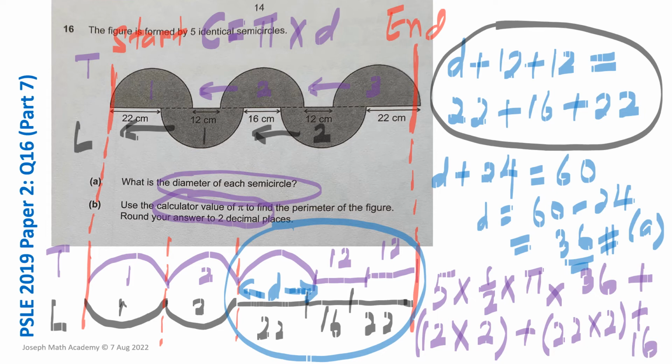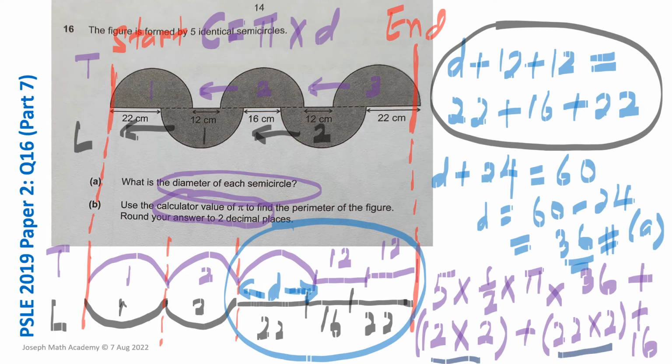So if you key in this formula, this equation in purple, 5 times half times pi times 36, and add 24, add 44, and add 16, we will have already gotten the answer.